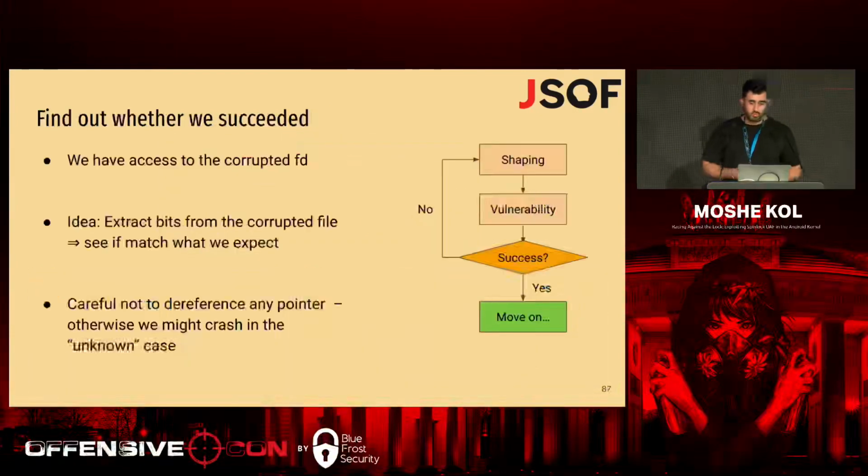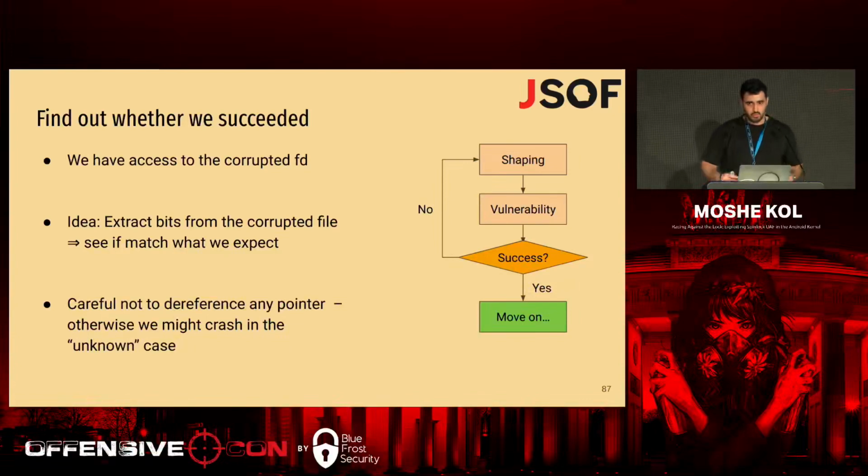So what we want to do in the exploit is to have some way to detect whether we succeeded or not. Remember that we have access to the corrupted file descriptor. So we can, with some indirect operations, extract bits from the corrupted file and see if they match what we expect. But we have to do it carefully because we don't want to dereference any pointer from this struct file, because otherwise we might crash in the unknown case.